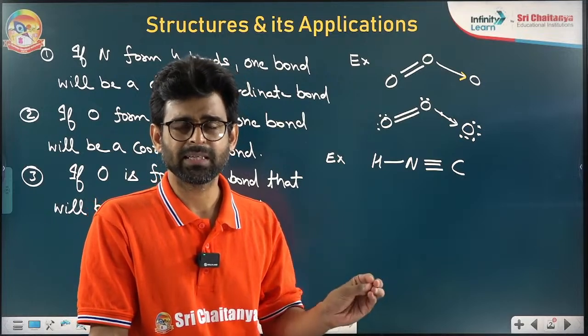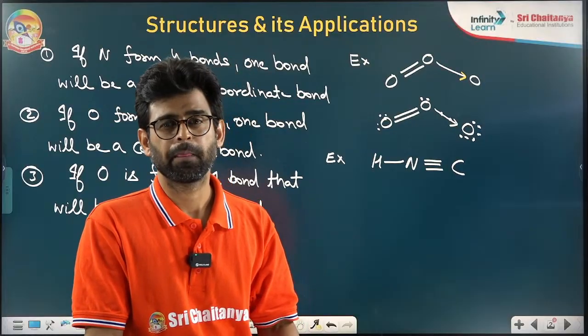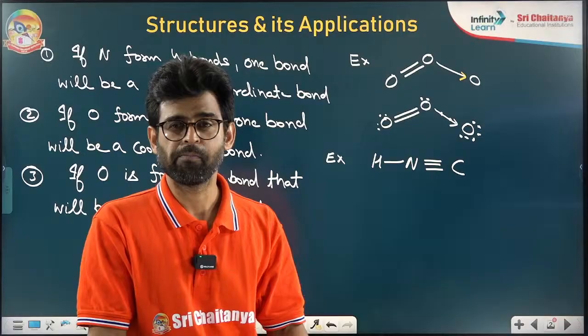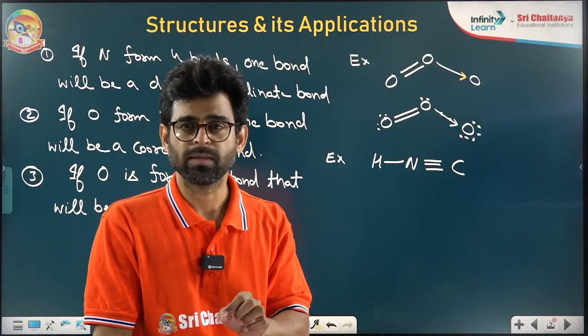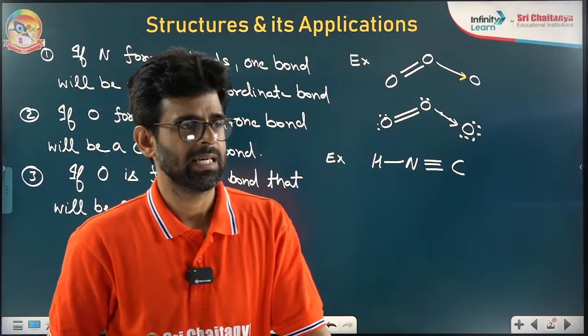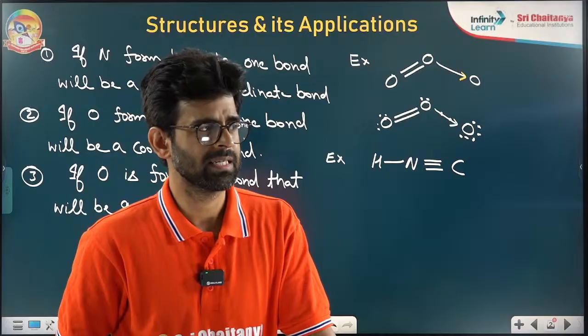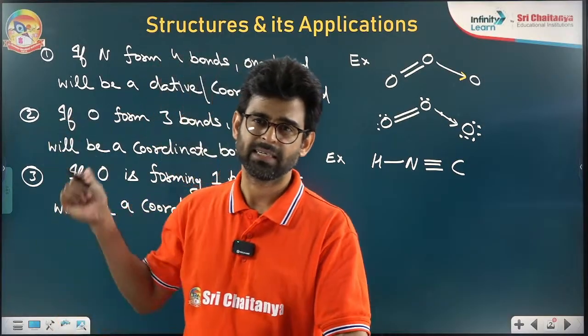In this structure, do we have any coordinate bond? And how can we check this? Because nowadays they don't show an arrow for the coordinate bond. They will show just a simple bond. Okay, yes. How can you say that? By which rule? By which point can you say that?